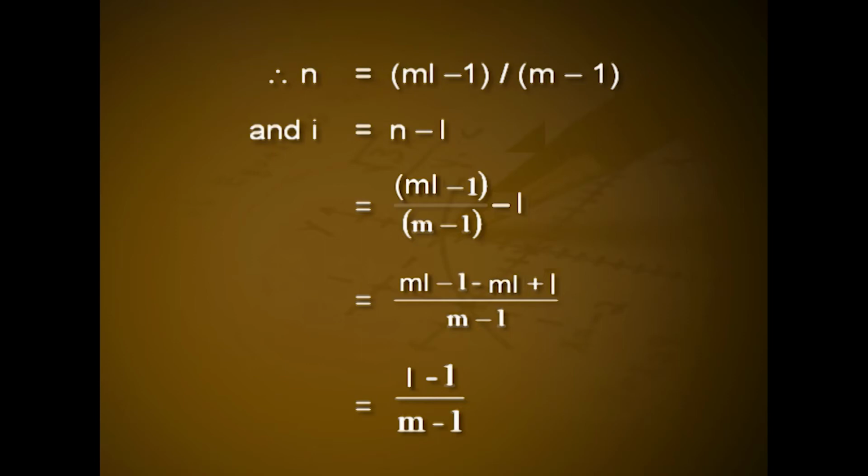Hence, n is equal to ml minus 1 the whole divided by m minus 1, and i equal to n minus l gives i equal to ml minus 1 by m minus 1 minus l, that is equal to ml minus 1 minus ml plus l the whole divided by m minus 1, and that is equal to l minus 1 by m minus 1. Hence, the theorem is proved.